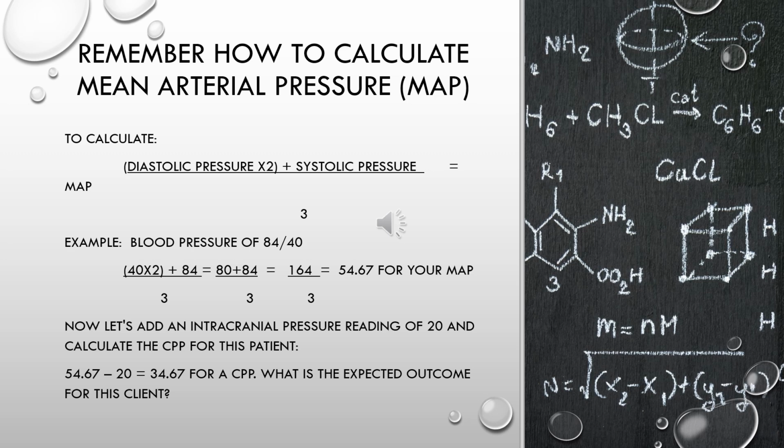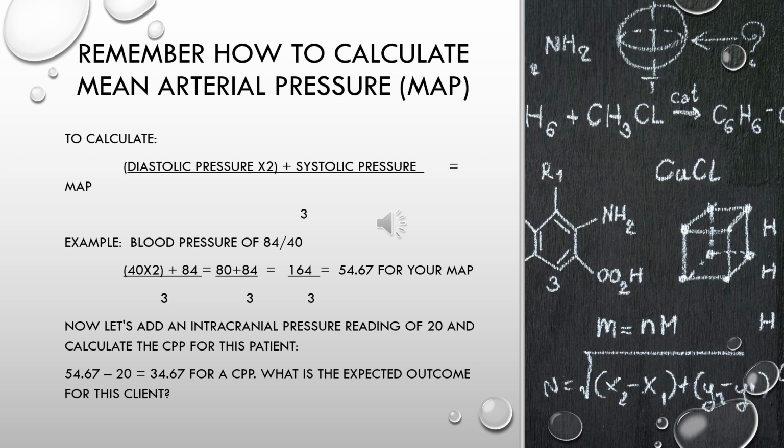Okay, now we're going to take that number and calculate our cerebral perfusion pressure. We're going to do that by taking our MAP, which was 54.67, and you can see here I've given you an intracranial pressure reading of 20, which I don't like, because that's not a good number to begin with. It's high for an ICP.